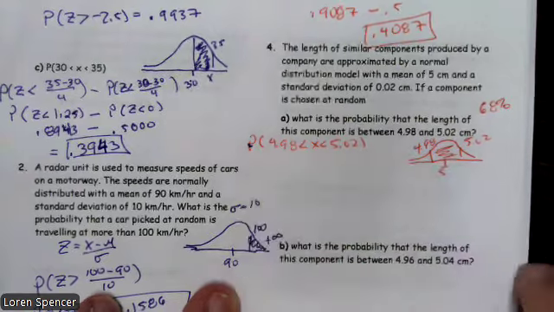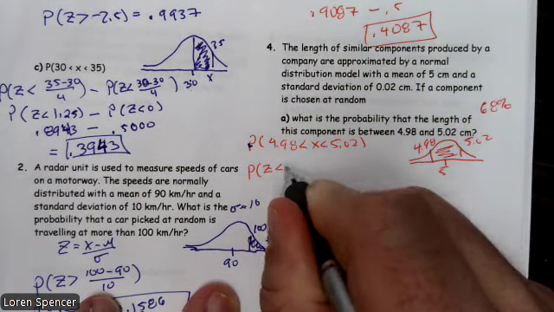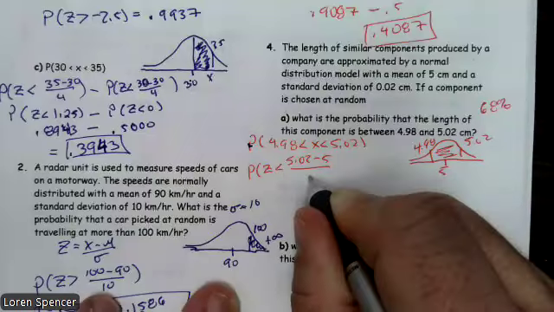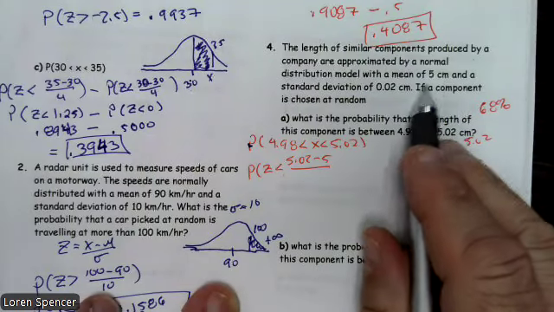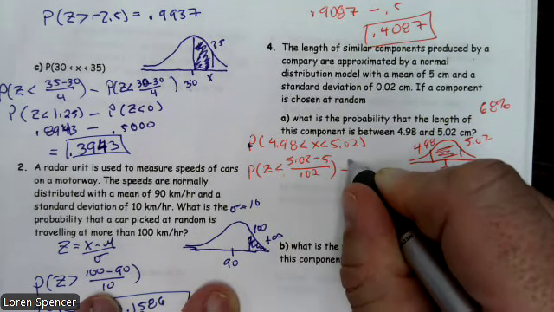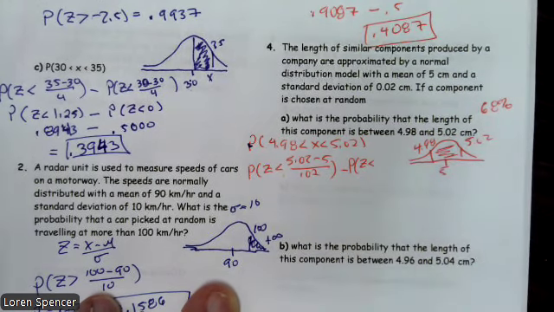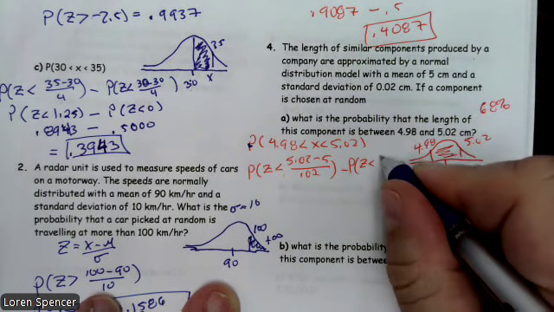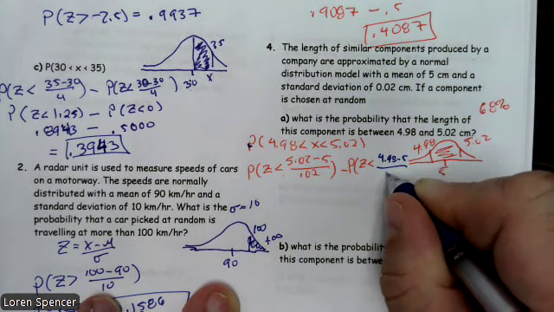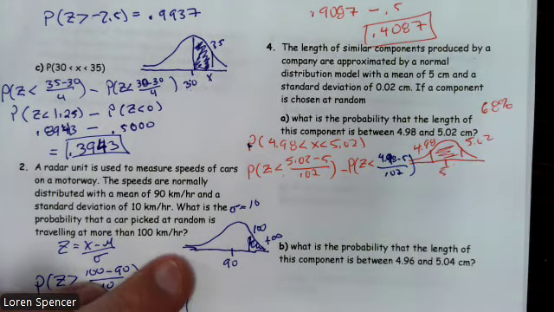So that's the probability that Z is less than 5.02 minus 5 over the standard deviation, and our standard deviation is 0.02, minus the probability that Z is less than, and boy, I'm going to run out of room. I'm going to change pen color just because I'm running out of room. 4.98 minus 5 over 0.02. Sorry if you can't read that. That's supposed to say 4.98.